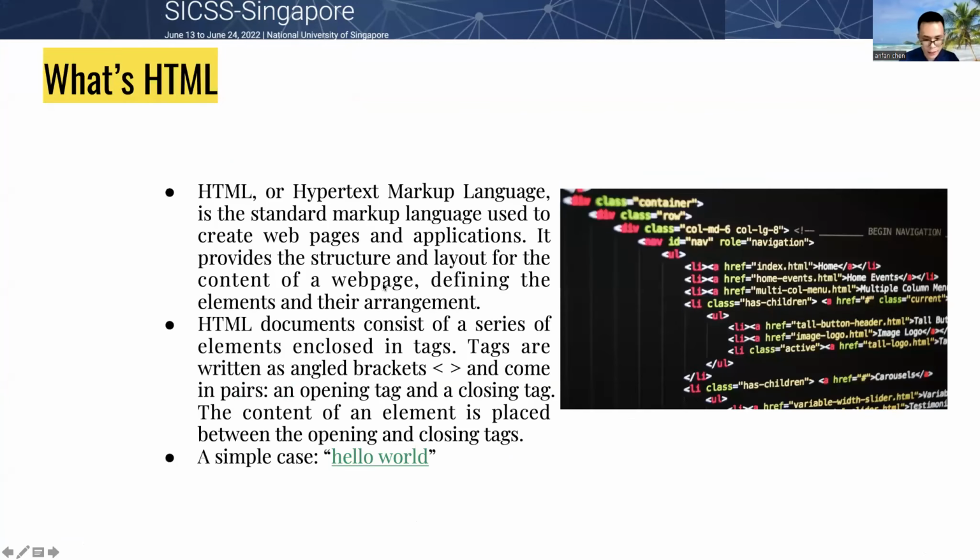Okay, another thing is the HTML. Let's talk about HTML. Why should we know HTML? First of all, most of the website pages in the world are designed and displayed in the HTML language. So what's HTML?